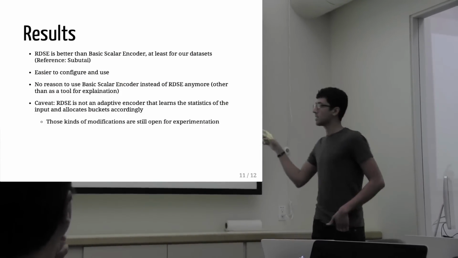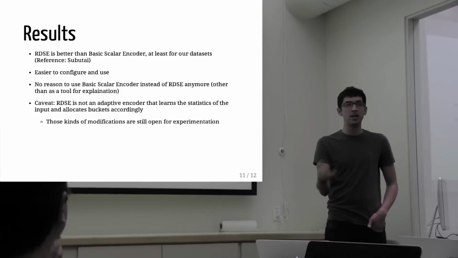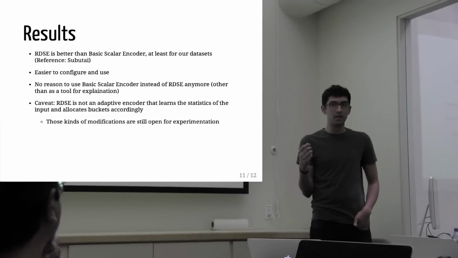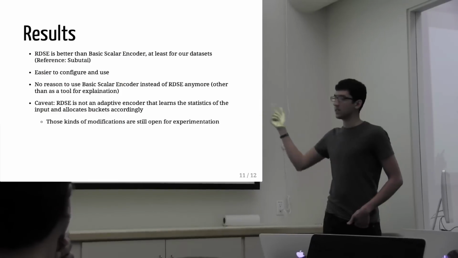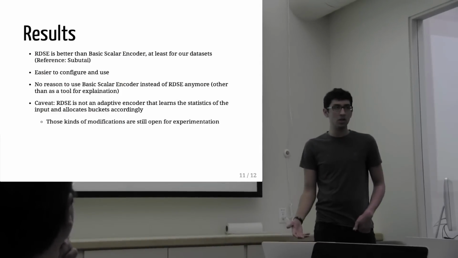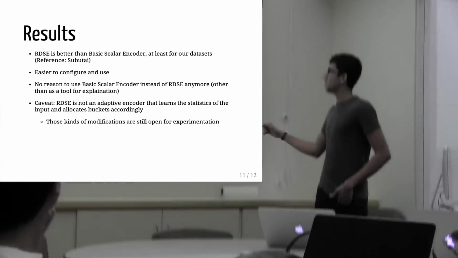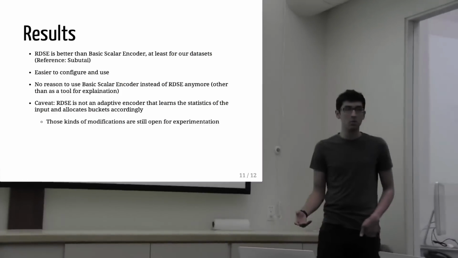In this case, they just have to specify the range, the resolution, and hopefully, maybe we can think of potentials where that resolution is also set dynamically based on the statistics of the data. But it definitely does not have to set min and max, so it's easier for the user, which also means it's better performance-wise. So we believe that there's no reason to use the basic scalar encoder anymore.